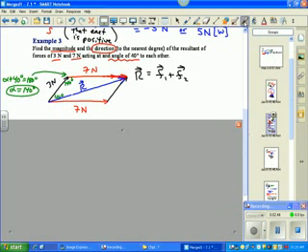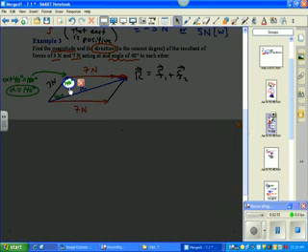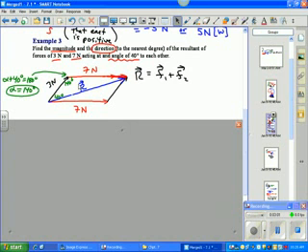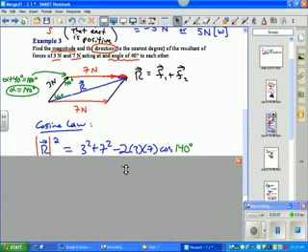And now we're going to use the cosine law. So we have the angle in front of us. We also have the length of the 2 sides that flank either side of the angle. So this is the classic cosine law, and this is going to get us the magnitude of the resultant.